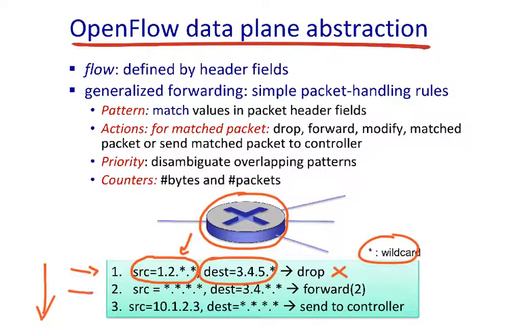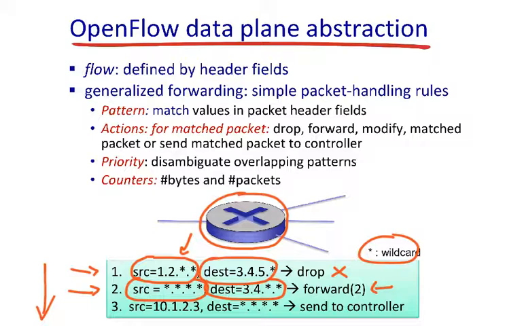Another rule could be number 2. I don't care about the source of this packet. What I would like to know is if it is destined to this specific network, forward using port 2.